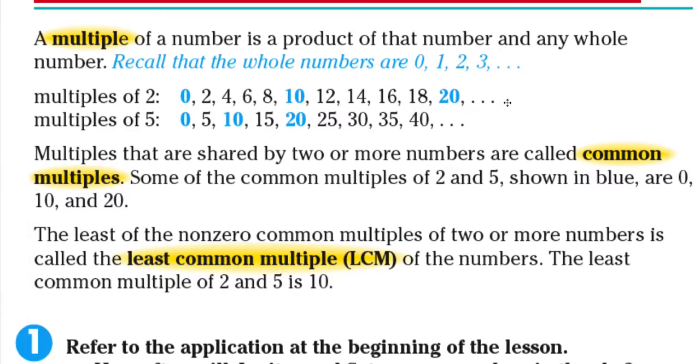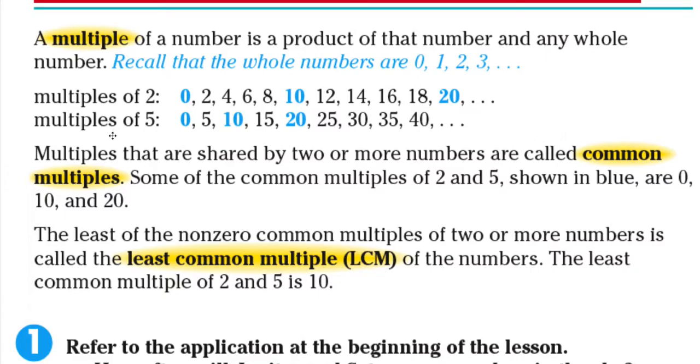You get the idea. So the multiples of 2 are 0, 2, 4, 6, 8, 10, 12, 20, dot, dot, dot, means it goes on forever. Multiples of 5 work the same way: 0, 5, 10, 15, 20, 25, 30, 35, 40, and so on.